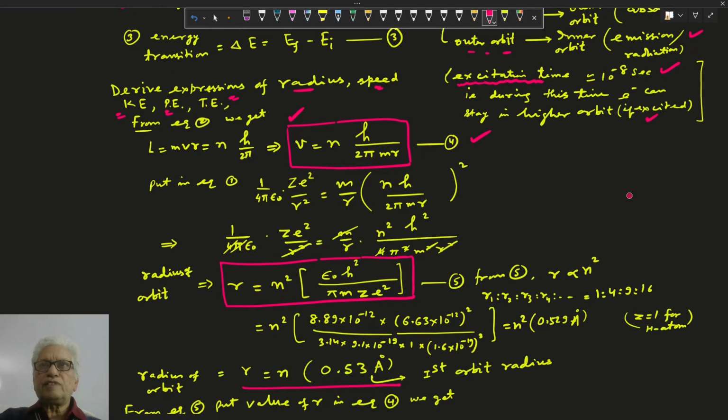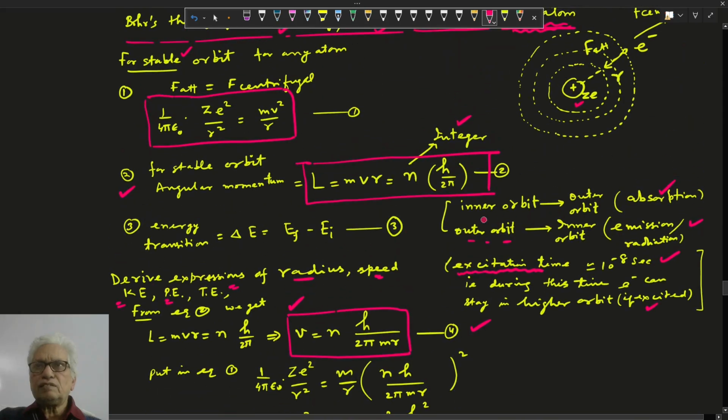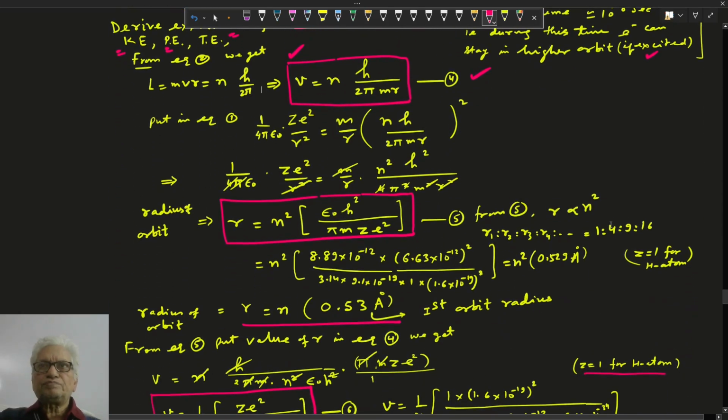Now putting this value of v in equation 1: 1 upon 4 pi epsilon naught, z square upon r square, equal to m upon r, v square. We put the value of v, square it, and solve; 4 cancels, 5 cancels, m also cancels. So the radius of the orbit is given by r is equal to n square epsilon naught h square upon pi m z e square, given by equation 5.